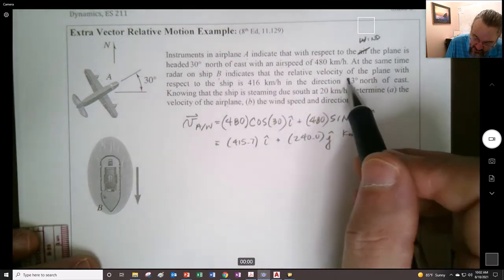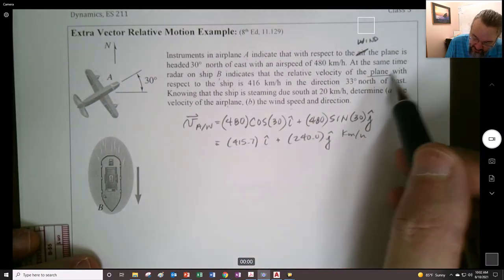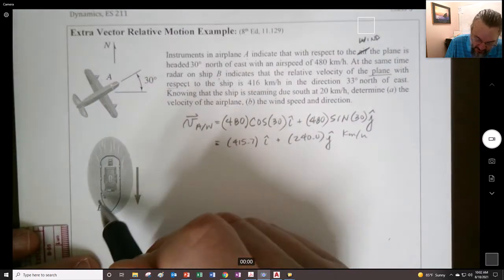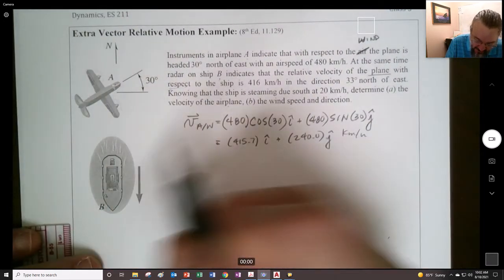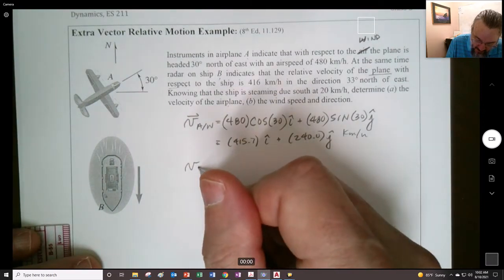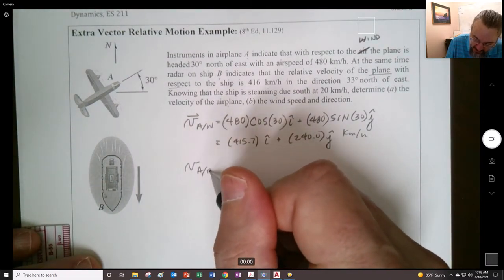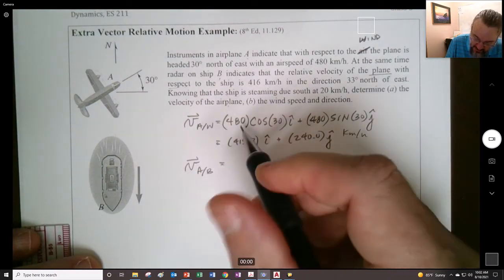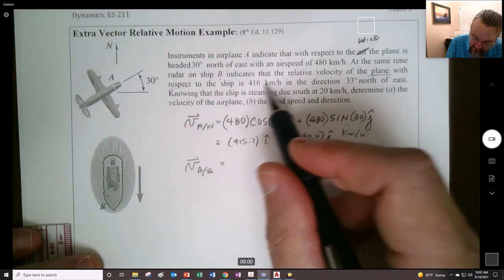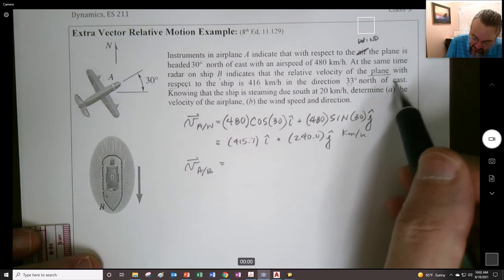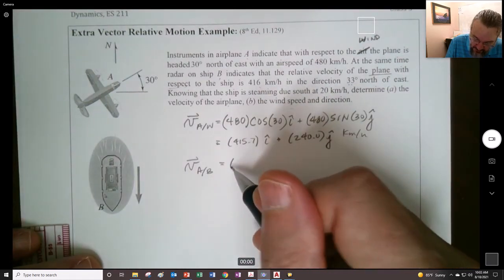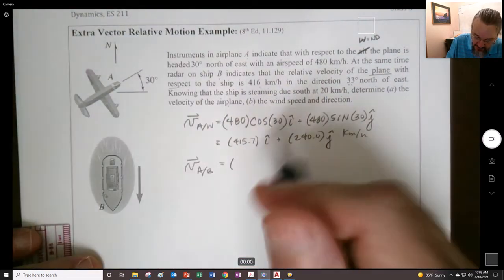Let's see, what else do we know? We know the velocity of the plane with respect to the ship, so that's A with respect to B, because the plane is A and the ship is B. The velocity of A with respect to B is 416, and it's still going north of east, up and to the right.